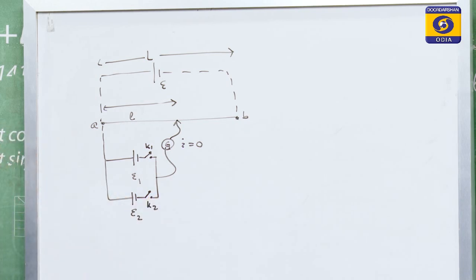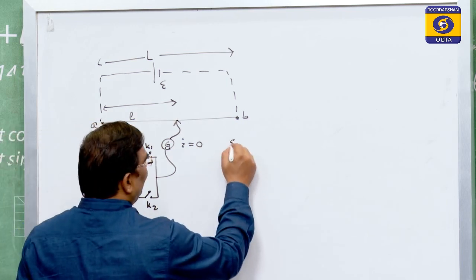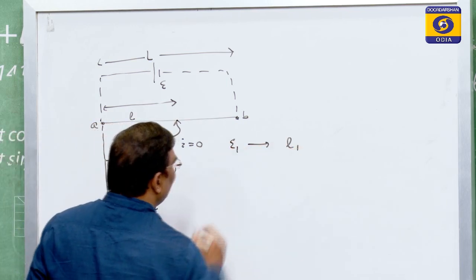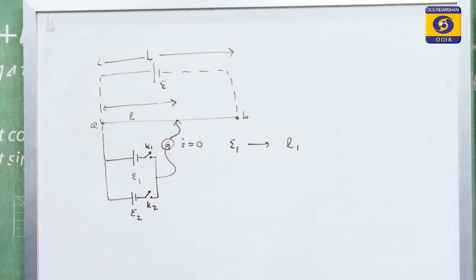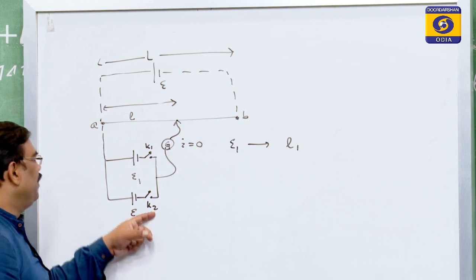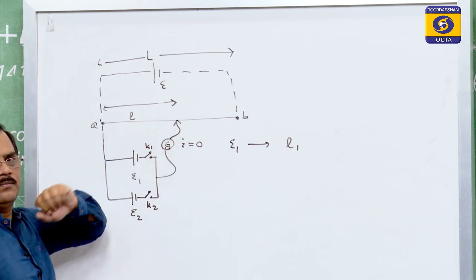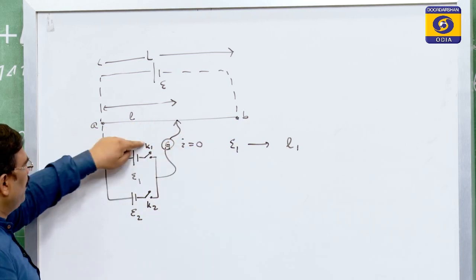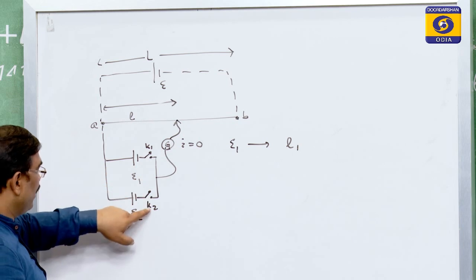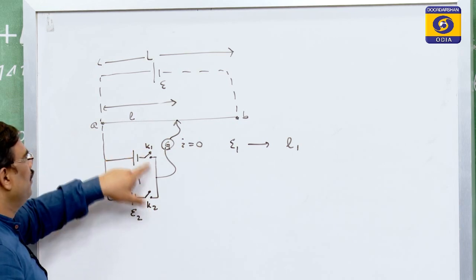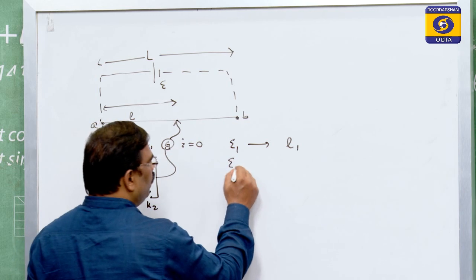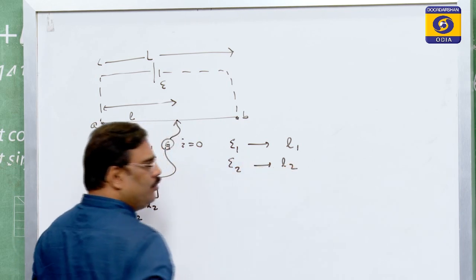Now, suppose the battery E1 is balancing at a length L1. When K2 is open, K1 is closed, the balance point is at L1. Similarly, when K2 is closed and K1 is open, suppose E2 is balanced at L2.